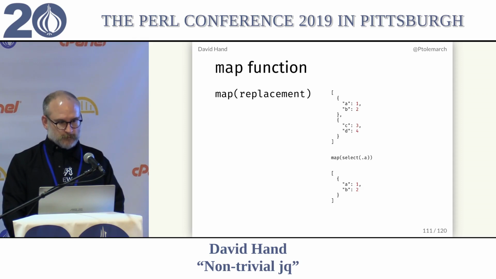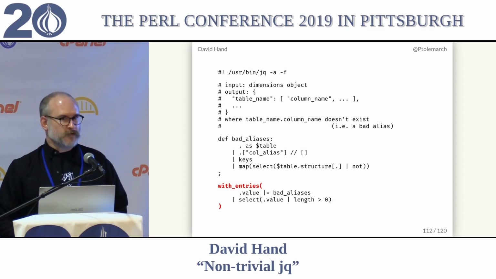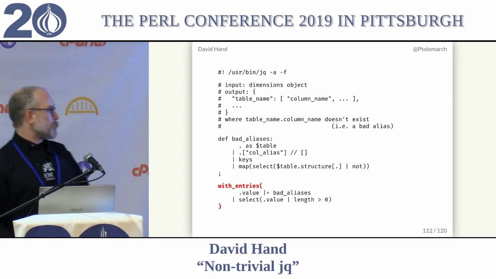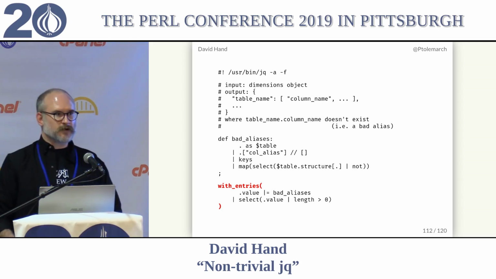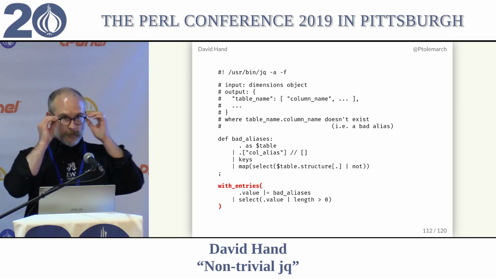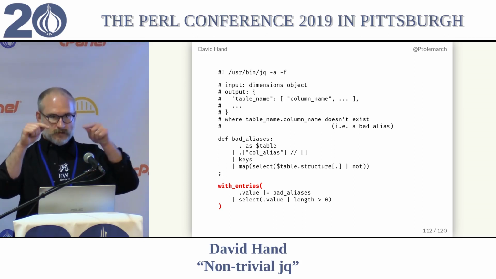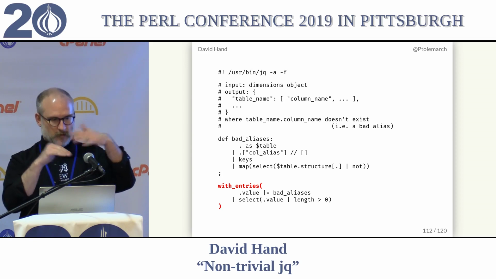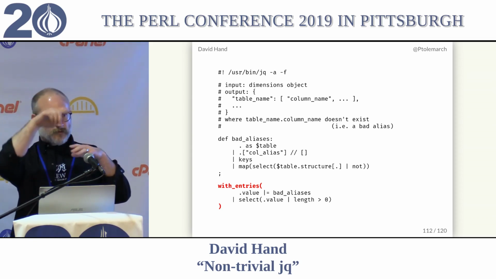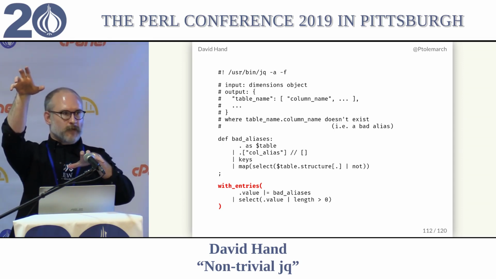So, okay, with_entries. with_entries is neat. It turned out to be the way that this whole thing worked. Remember I said what I wanted to do, and I'll leave the code up in case it's legible enough: for each table, go through each column alias defined within that table, dereference it, and see if there's a column of that name.